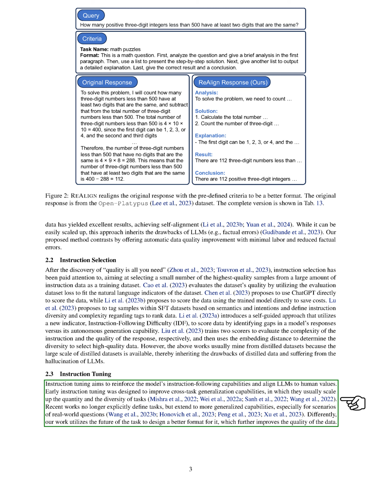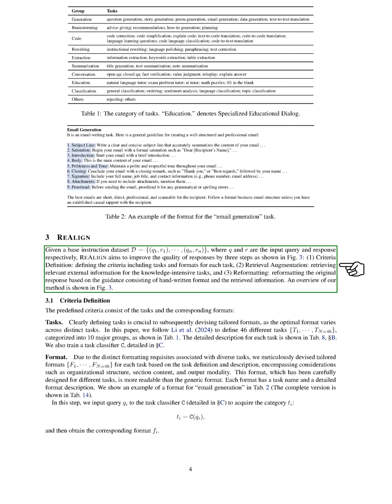In the REALIGN section, we introduce a method aimed at enhancing the quality of responses within a base instruction dataset, which consists of input queries and their respective responses. This method involves three key steps: defining criteria including tasks and formats for each task, augmenting the retrieval of relevant external information for knowledge-intensive tasks, and reformatting the original response based on a combination of handwritten formats and the retrieved information.